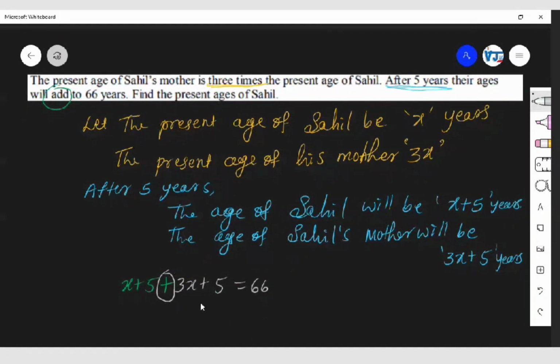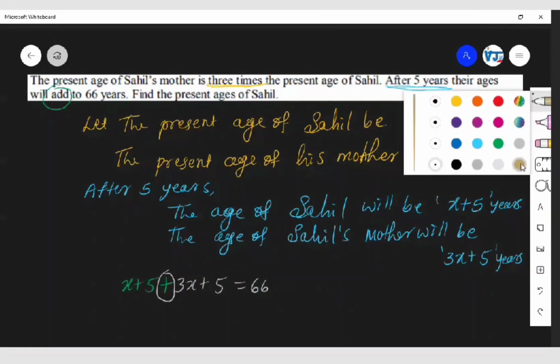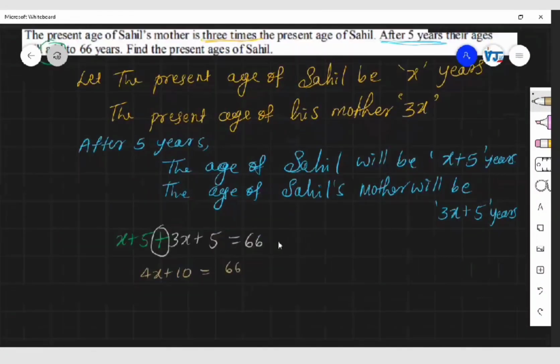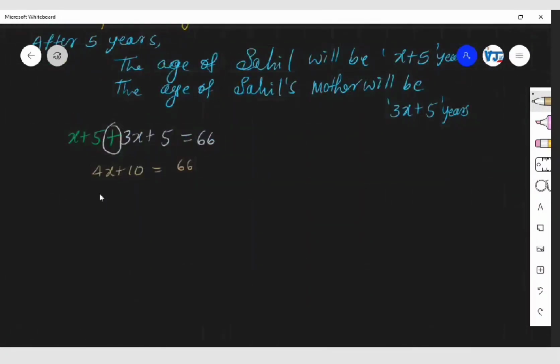Now can you solve this? Solve this. 4x plus 10 is equal to 66. Yes, continue. 4x is equal to 66 minus 10.